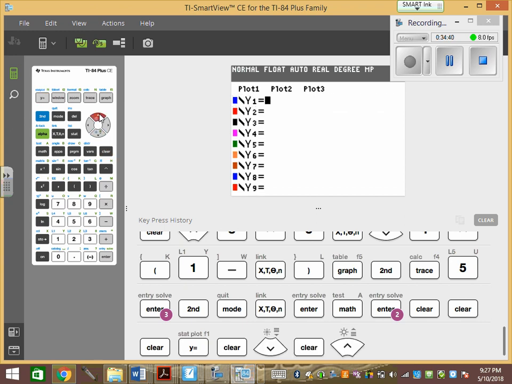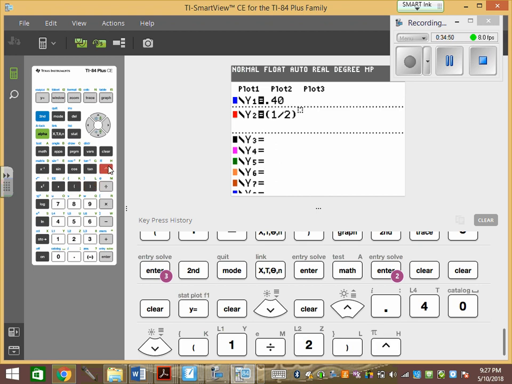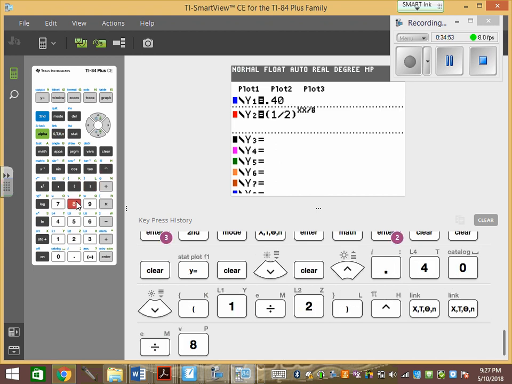So we're going to go 0.40 for y1. And then y2 is going to be 1/2 to the power of x divided by 8. And like I said, if that exponent doesn't pop up like mine, then you need to put the x divided by 8 in brackets.